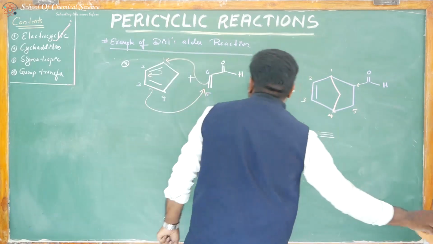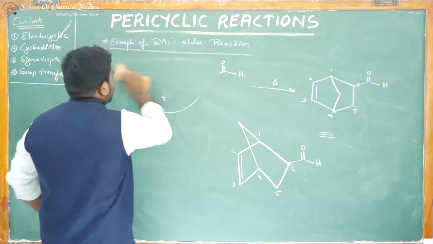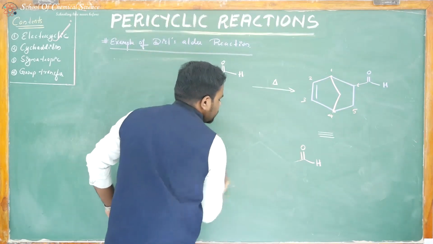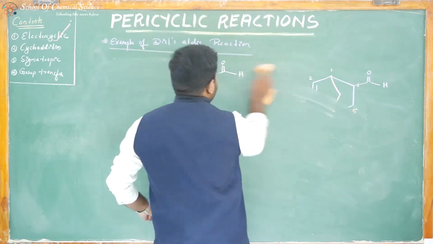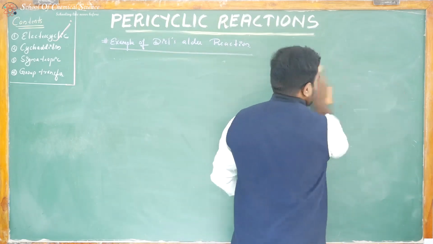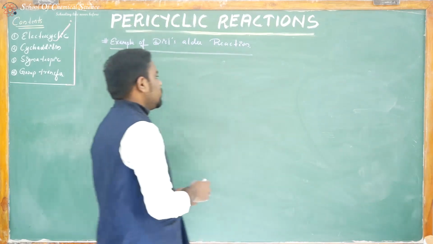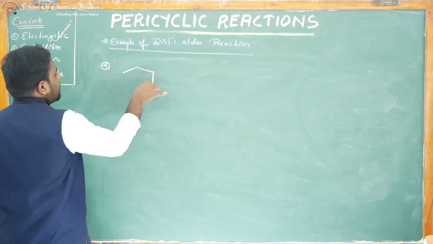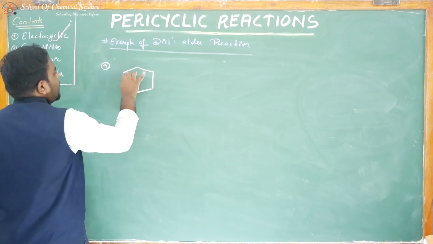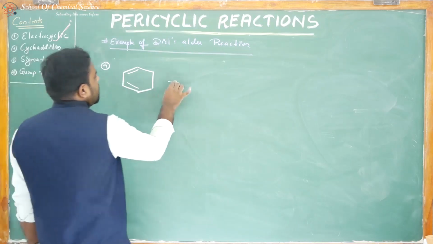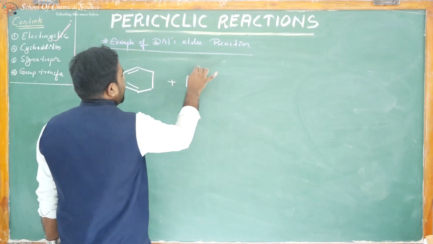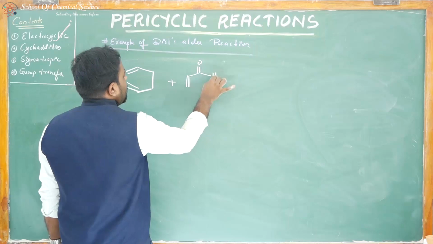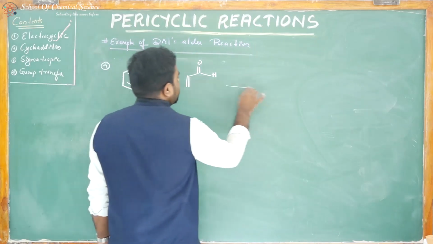Okay, then example 4. Example 4. A cyclic diene plus a dienophile, C double bond OH. What is the product?